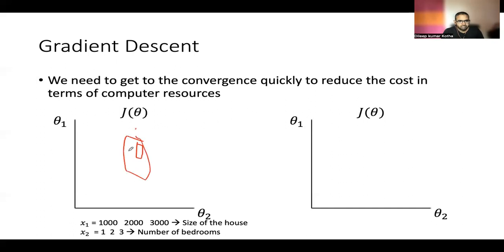It will be very skewed. So if you want to go about gradient descent on this skewed cost function, it will be very slow. And it might even sometimes go in wrong directions as well.